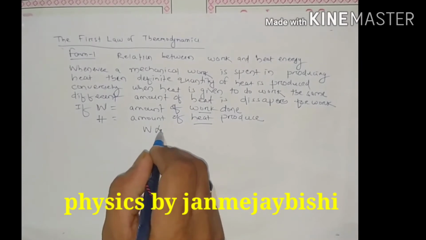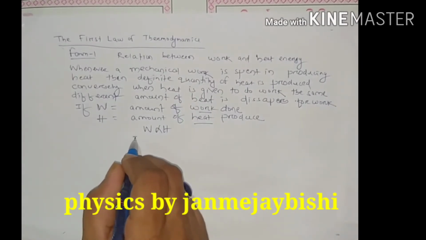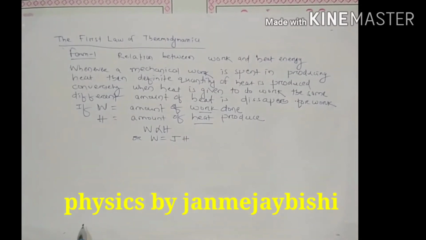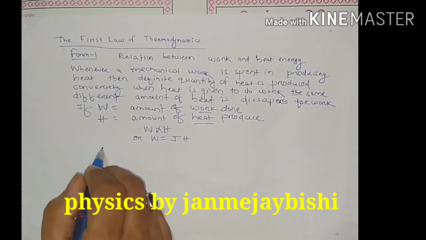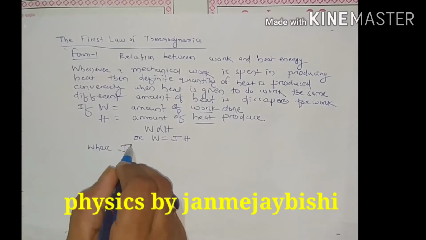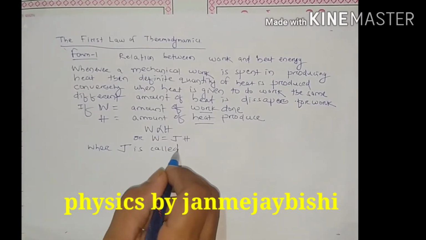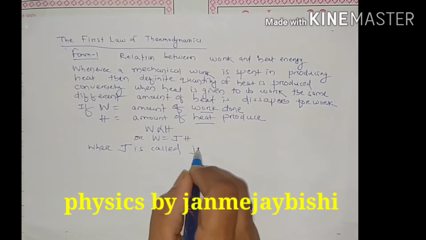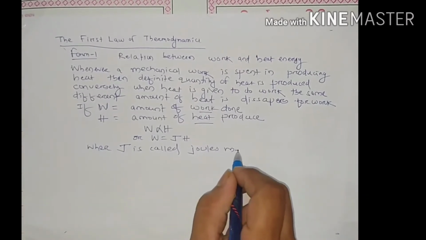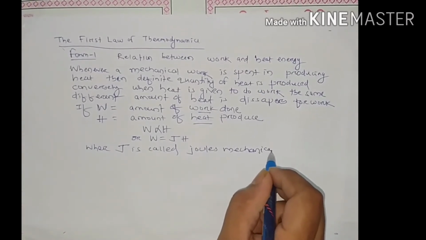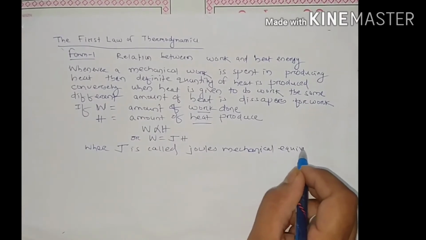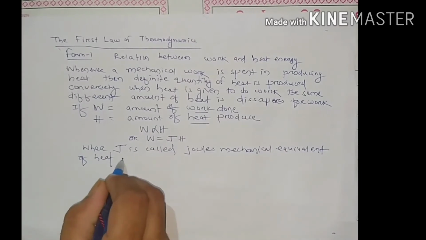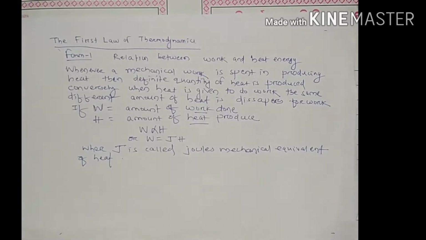So W is proportional to H, or simply you can write that W equals JH, where J is the constant, called Joule's mechanical equivalent of heat. This is the form number 1.